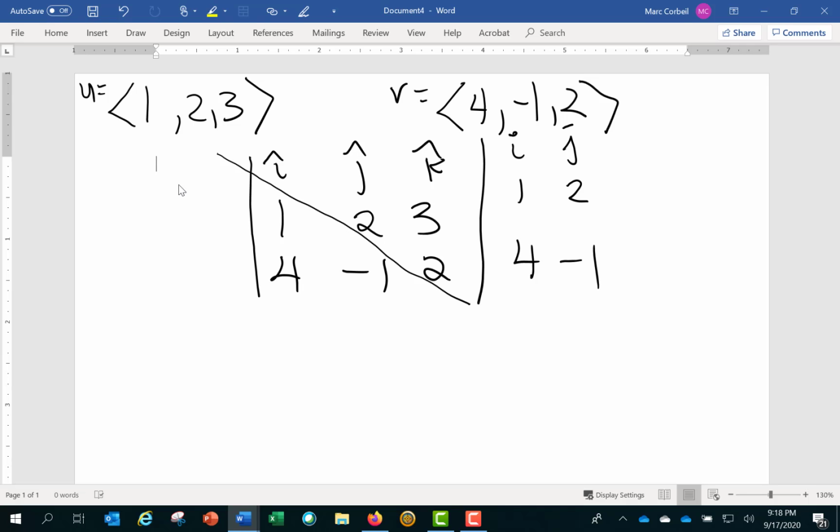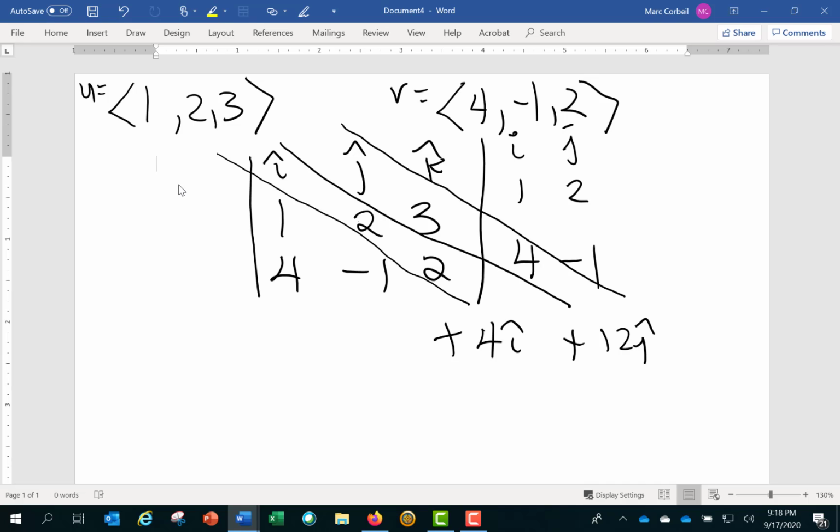Along this diagonal, I add 2 times 2, which is 4I. Along this diagonal, I add 3 times 4, 12J. A little easier with numbers. And in this last one, I'll have 1 and minus 1, minus 1K.